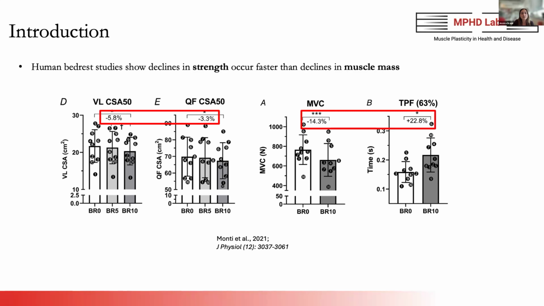Specifically, they found an approximate 3 to 6% decline in muscle cross-sectional area, whereas functional differences declined between 14 to 23%. No biochemical analyses were performed to dig into the mechanisms behind this, but it is hypothesized that calcium dysregulation may be involved.